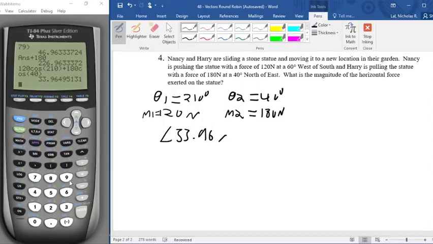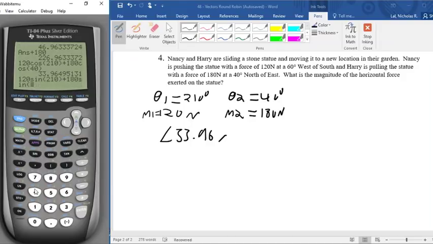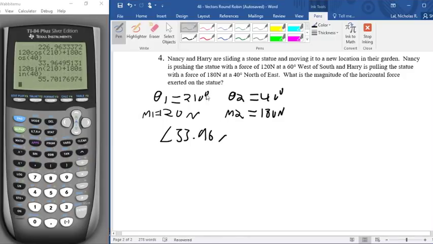And then our vertical component is going to be 120 times the sine of 210 plus 180 times the sine of 40, which is going to be 55.7. So 33.96, 55.7. We're in quadrant 1, so calculator output is equal to theta.